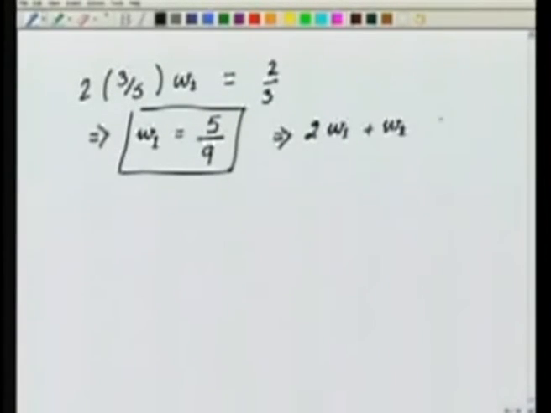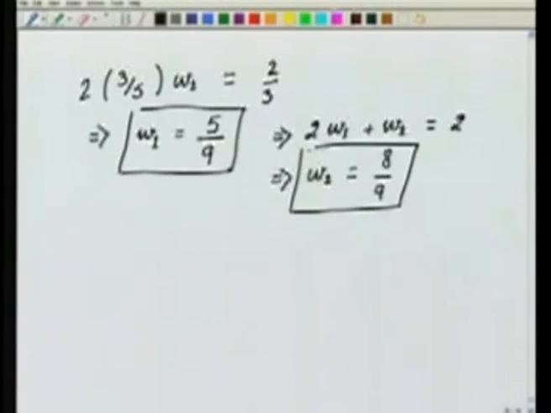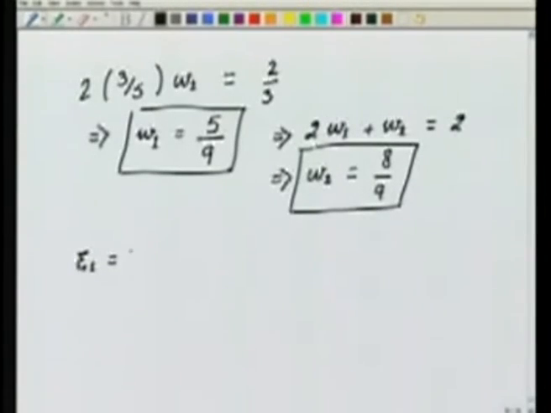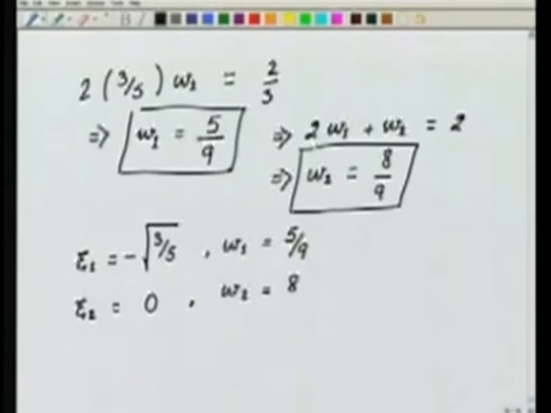By our first equation, since 2W1 plus W2 is equal to 2, W2 is equal to 8 by 9. So we have found the locations of the points and the weights. Psi1 is equal to minus root of 3 by 5, W1 is equal to 5 by 9, psi2 is equal to 0, W2 is equal to 8 by 9, psi3 is equal to plus root of 3 by 5, W3 is equal to 5 by 9.